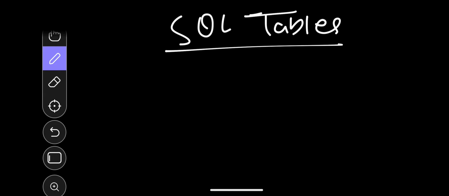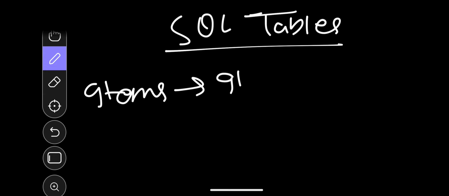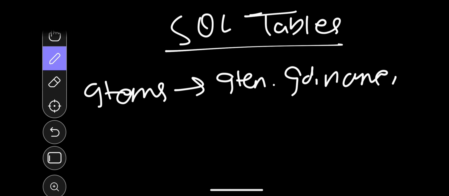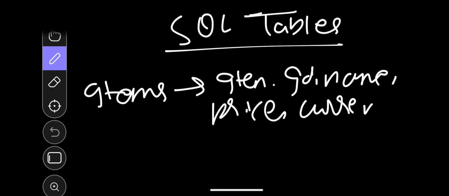So let's say we will have 6 SQL tables to support our entire system. The first table is going to be items, and these items will have, let's say, item ID, name, price, currency, something like that.